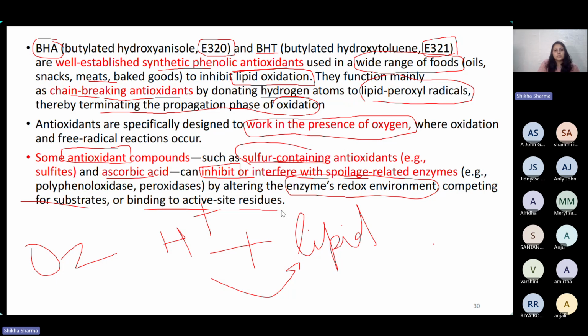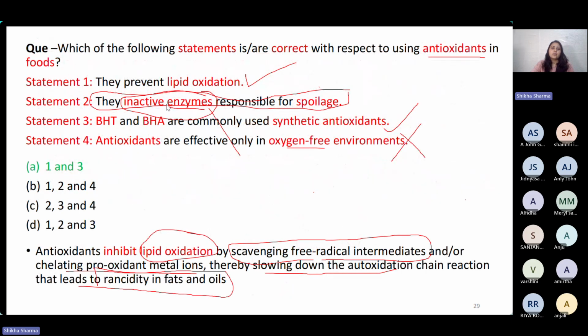So this statement is correct only for sulfur-containing antioxidants and ascorbic acid. Other preservatives like sorbates, benzoates, BHA and BHT do not interact with any enzyme or inhibit it. They act directly on the microbial cell. So it is partially right and partially wrong.